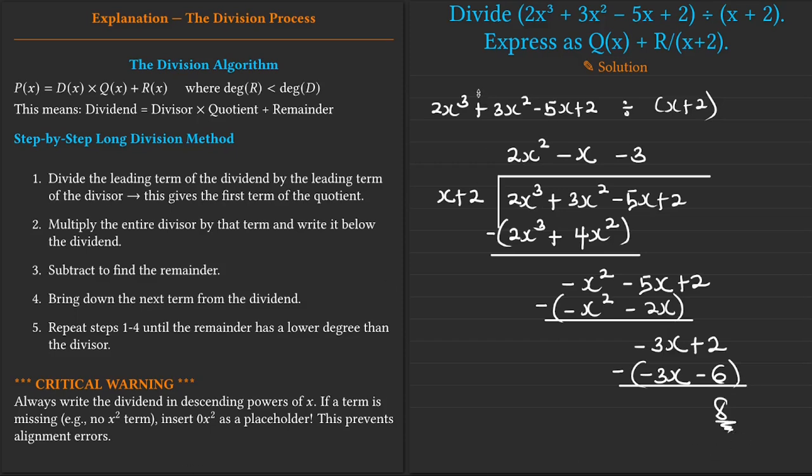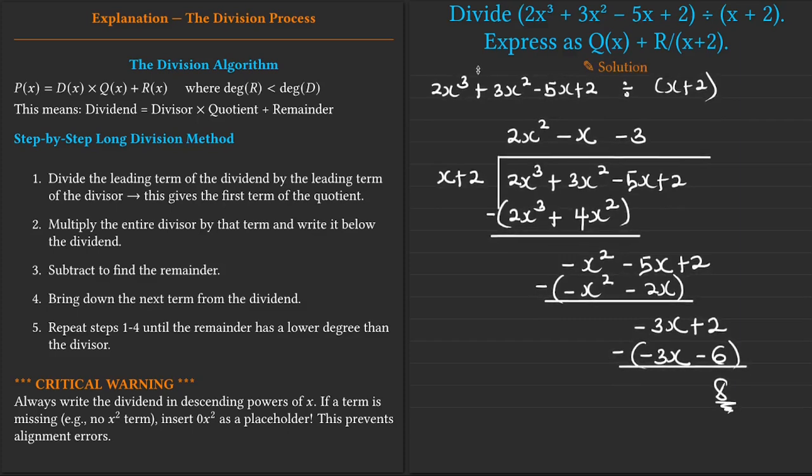So what do we do with this remainder? We can rewrite our question in this form. It says quotient. This here becomes our quotient.